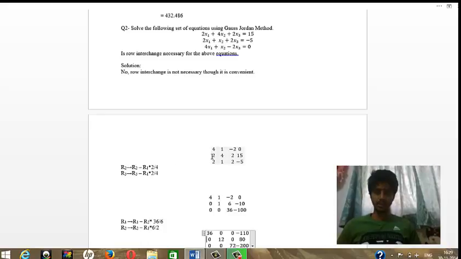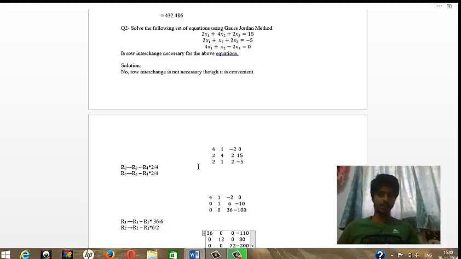If you want to make the first term of the second row 0, then r2 is equal to r2 minus r1 into 2 by 4, and r3 is equal to r3 minus r1 into 2 by 4. This will make the first terms of the second and third rows, that is a21 and a31, 0.